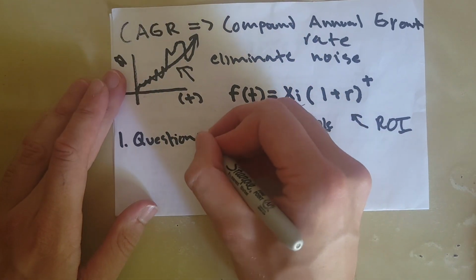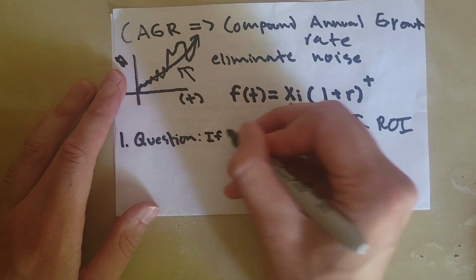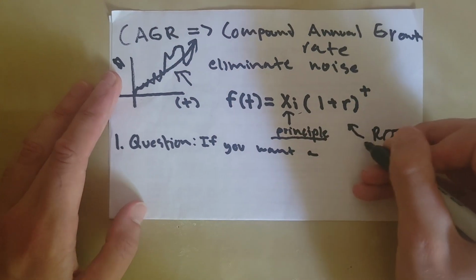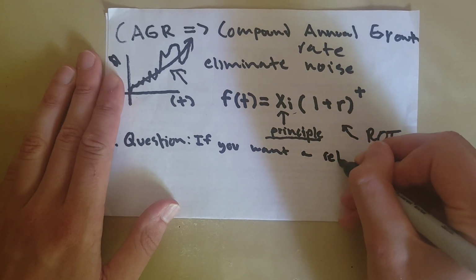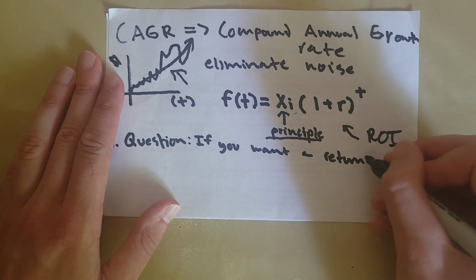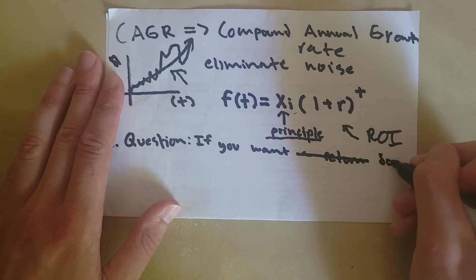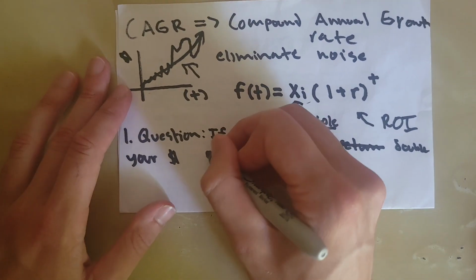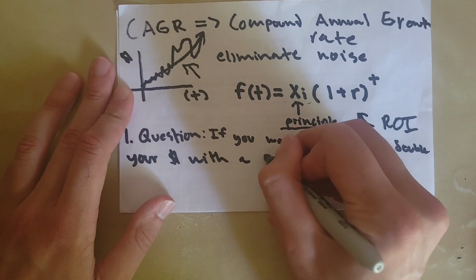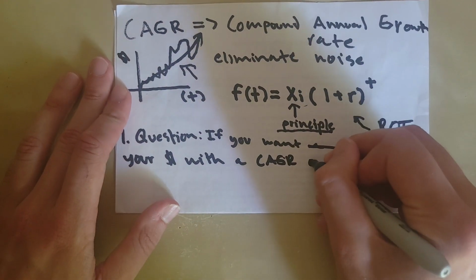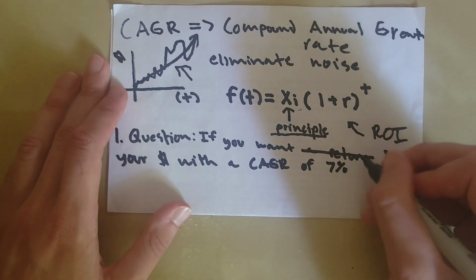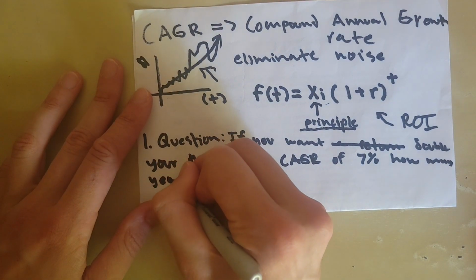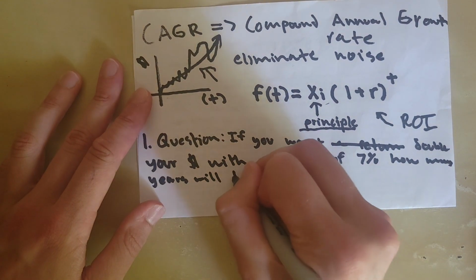If you want a return of 100%, or if you want to, let's say, double your money with a CAGR of 7%, how many years will this take?